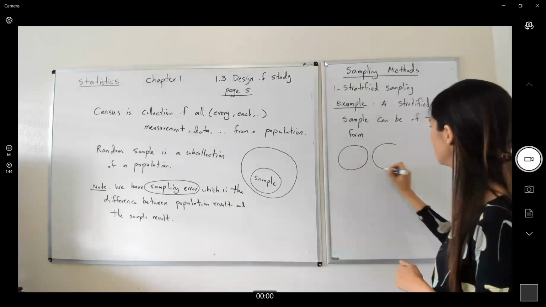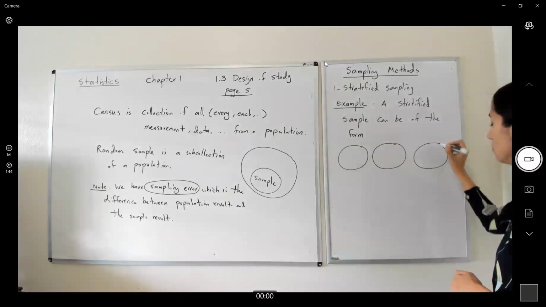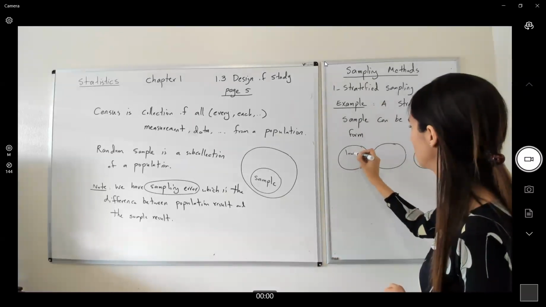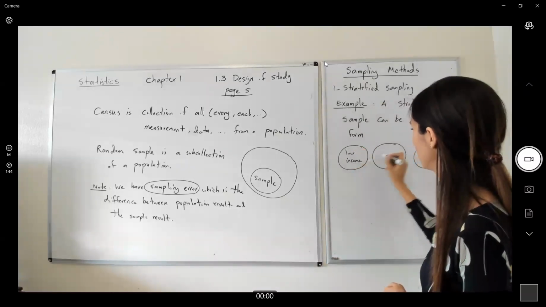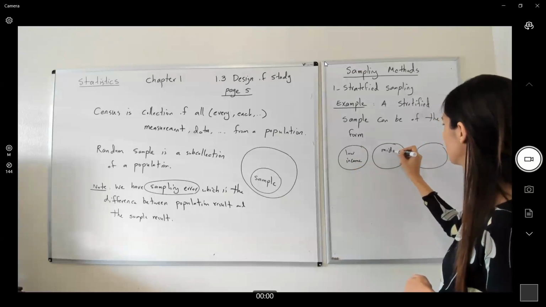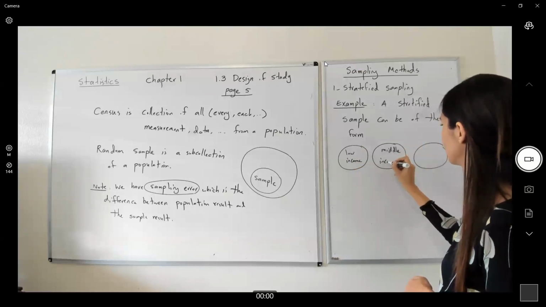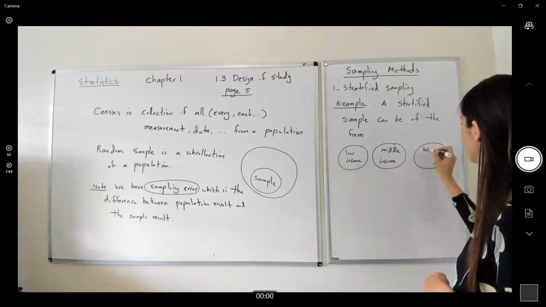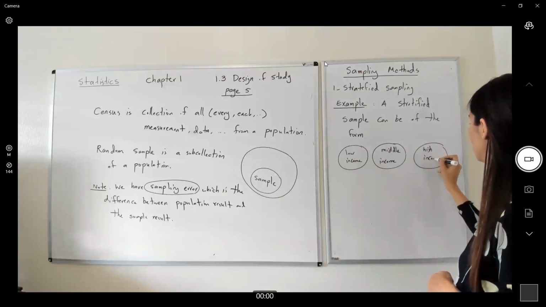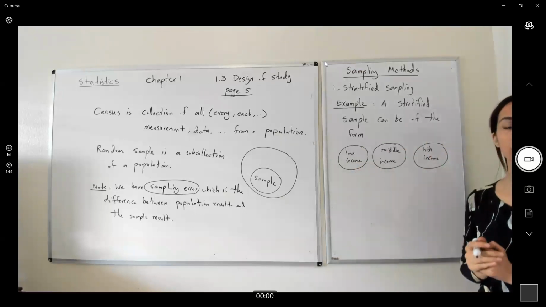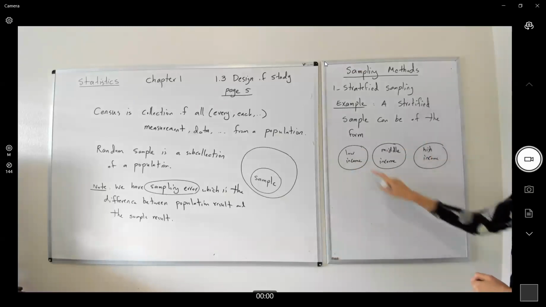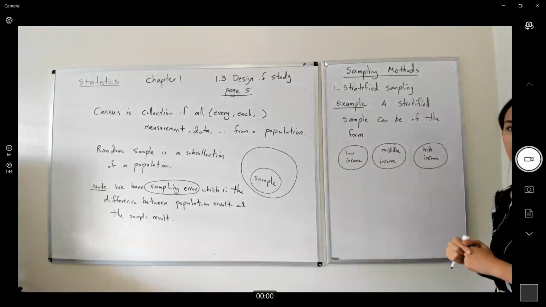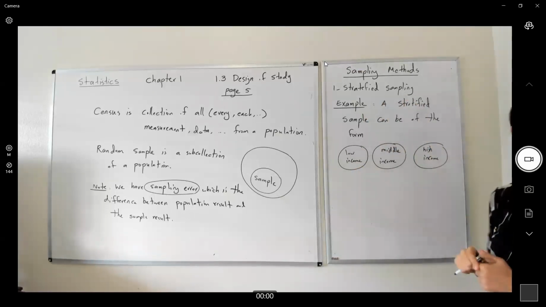Group 1, low income, middle income, high income. Then randomly select people or families from each of these strata.